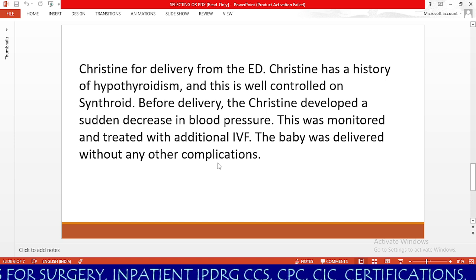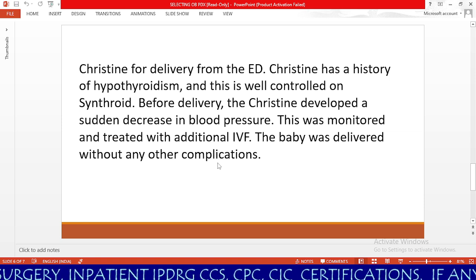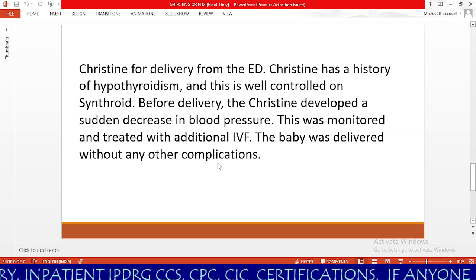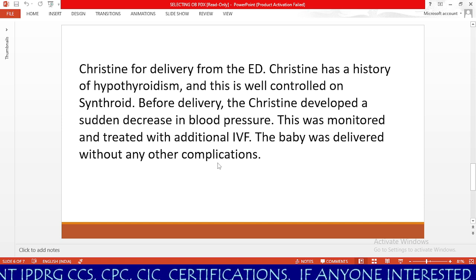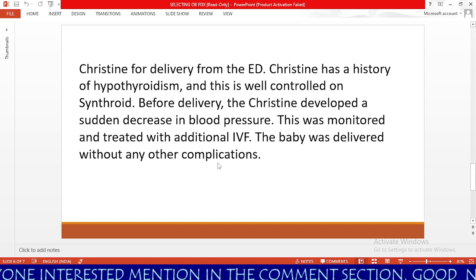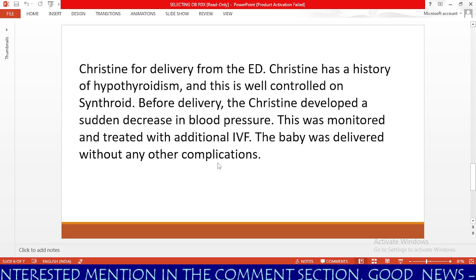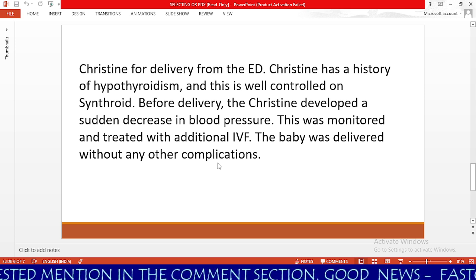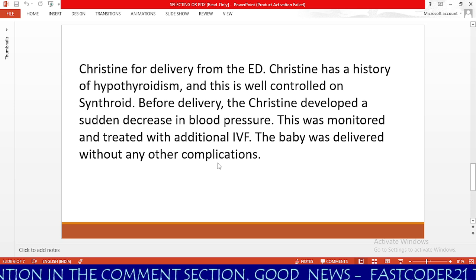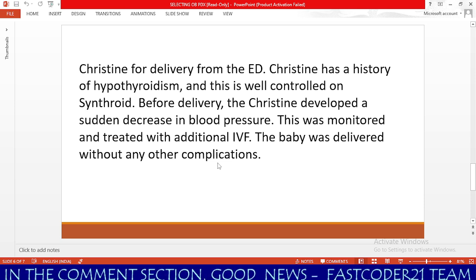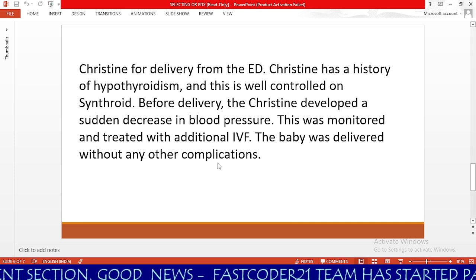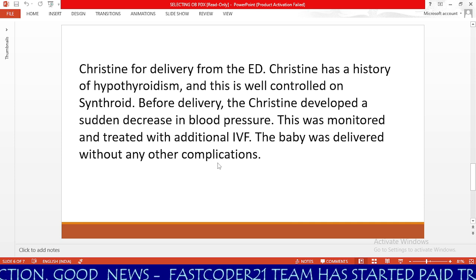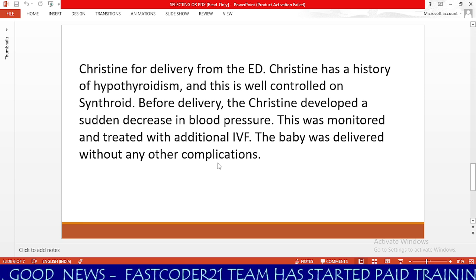Because of the hypothyroidism, the patient was admitted into the hospital for delivery. So we need to code hypothyroidism as the PDX, even though it is well controlled on Synthroid. In order to avoid selecting hypothyroidism as PDX, the physician needs to mention that hypothyroidism is not responsible for the patient's pregnancy complication.